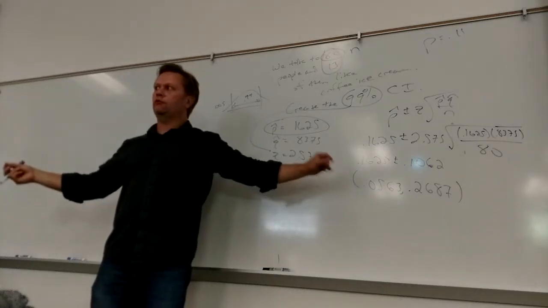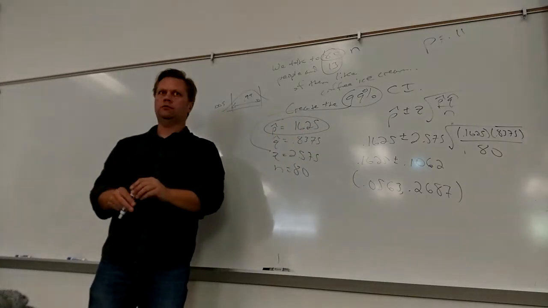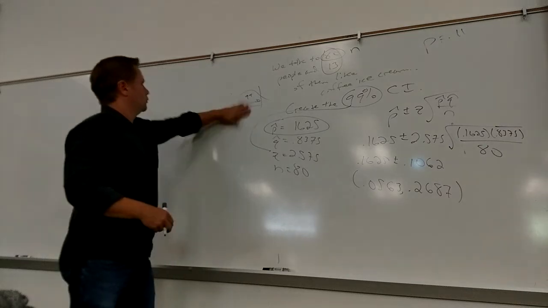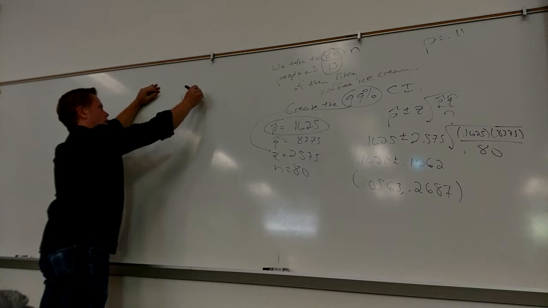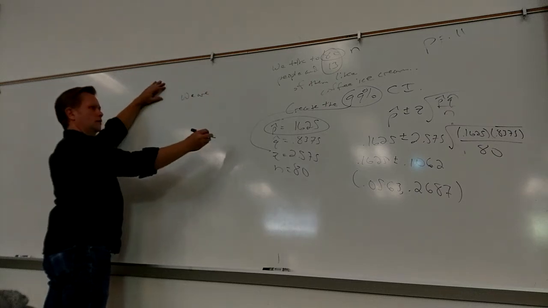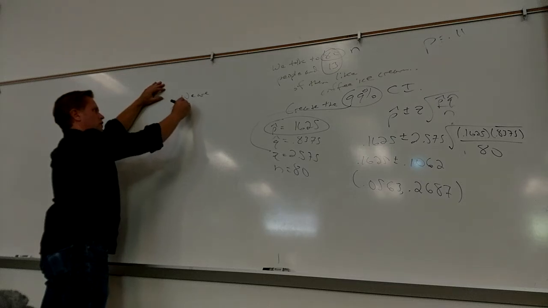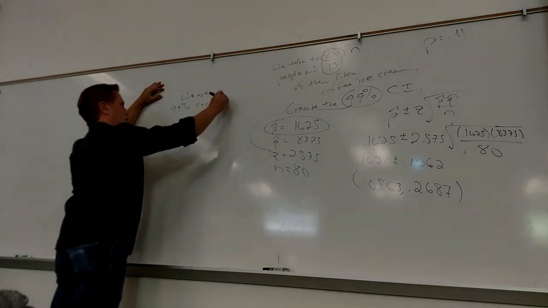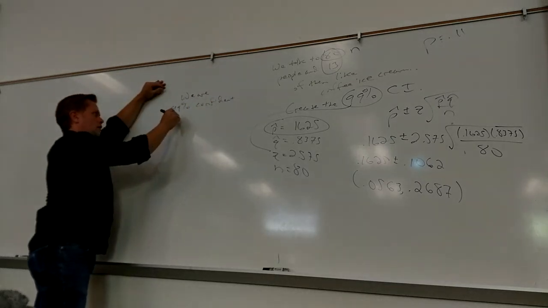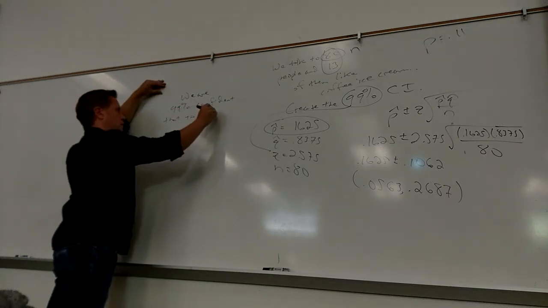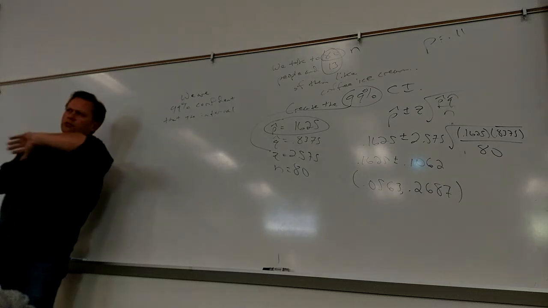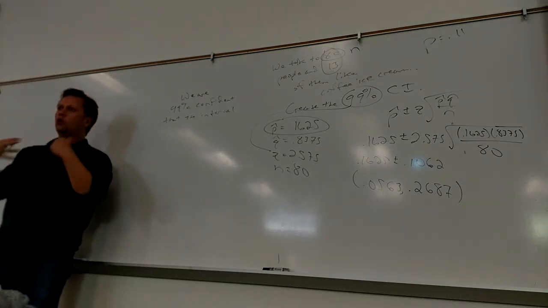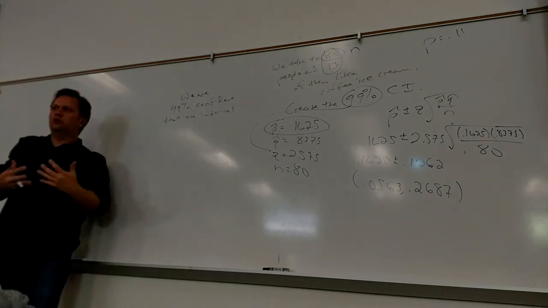and then the sentence we write is interpreting that interval. What does it mean? So what sentence would I write here? We are 99% confident that the interval. Now, the last problem we did was test grade, so there wasn't any real units to put, but you always got to put units when there are units.